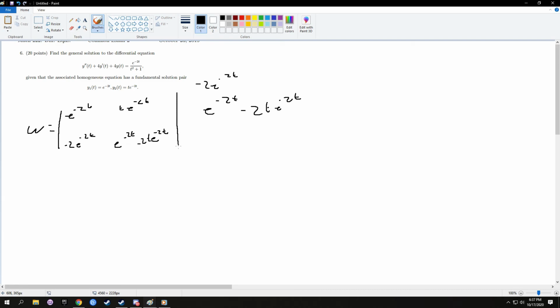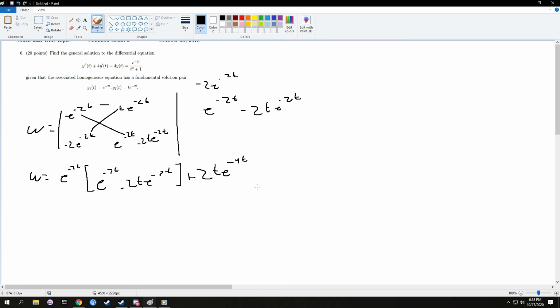Okay. Now, like I said before, you do the determinant, so the Wronskian will equal e to the negative 2t, and it'll be a minus, so it becomes plus. I'm going to subtract this cross product from this. A minus a plus becomes plus 2t e to the negative 4t.